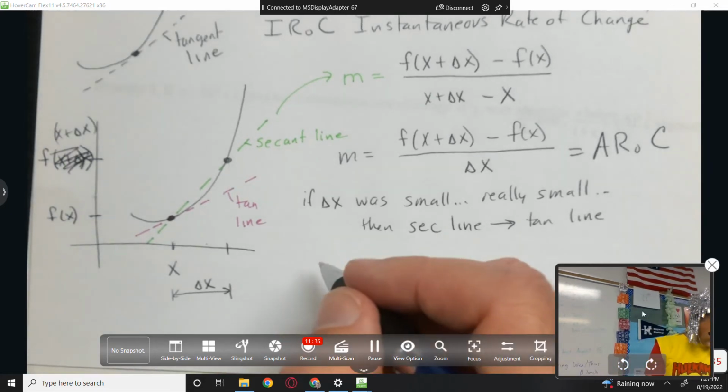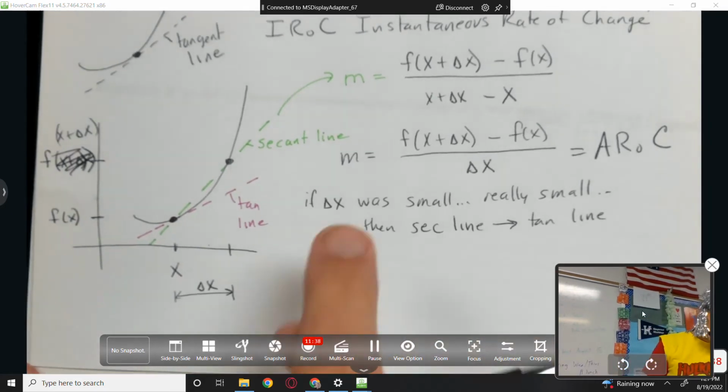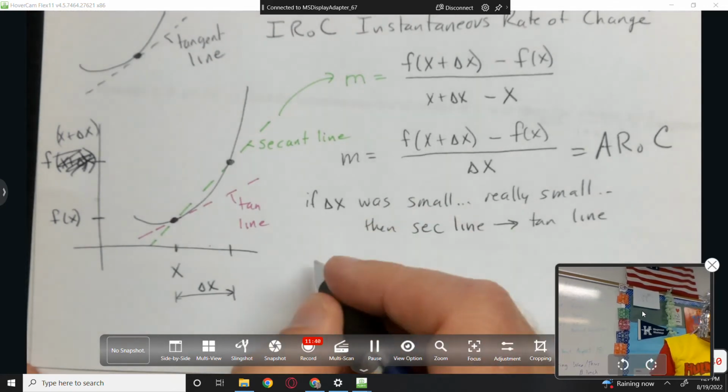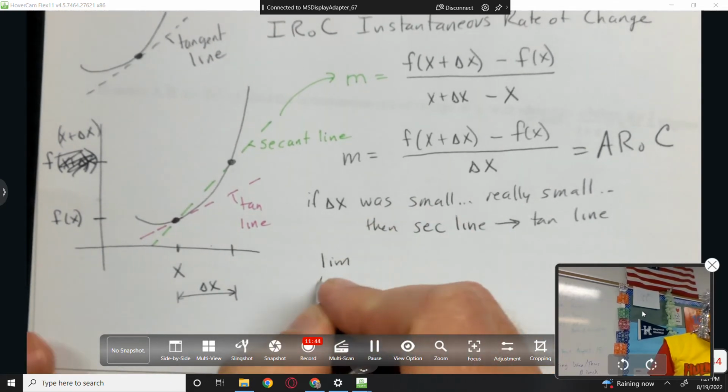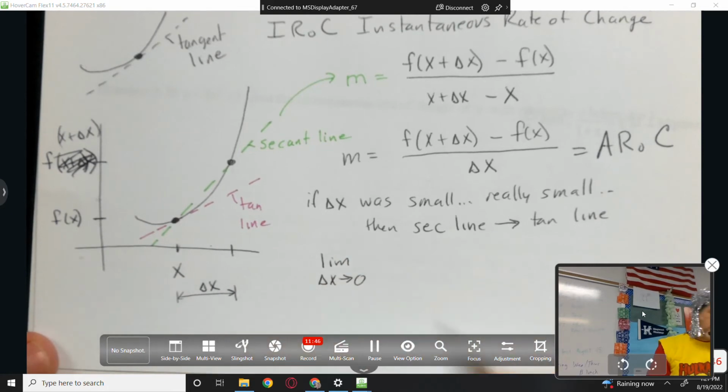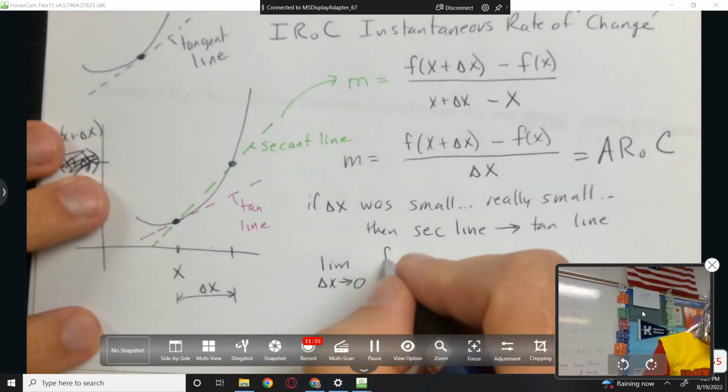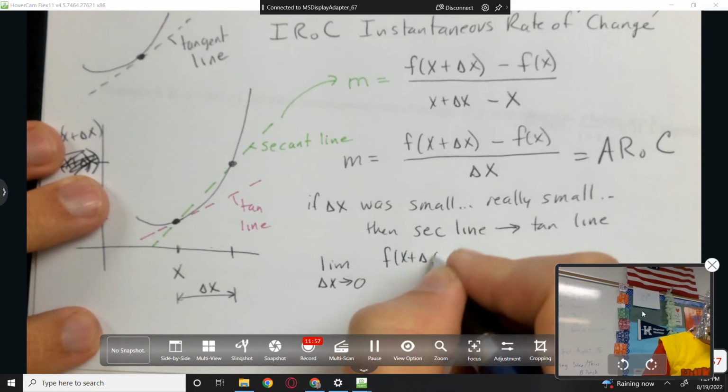Right, well, here comes the calculus. So if we want delta x to be small, really small at that, let's take the limit as delta x goes to 0. Because if delta x goes to 0, then our secant line turns into our tangent line. And that's what we want.